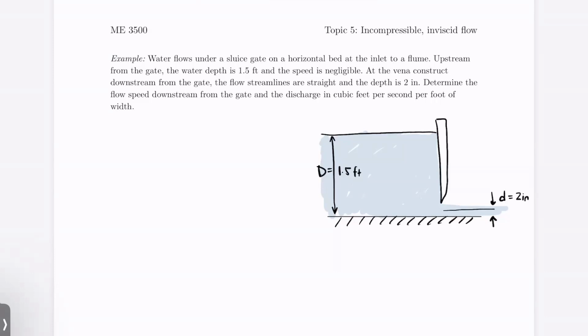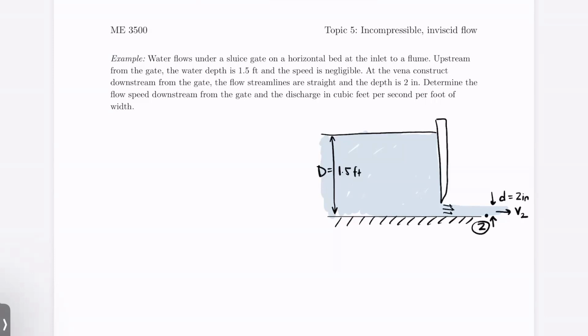All right, so we're also given that the streamlines are straight like this. Okay, so this is going to be V2. I'm going to call this point 2.